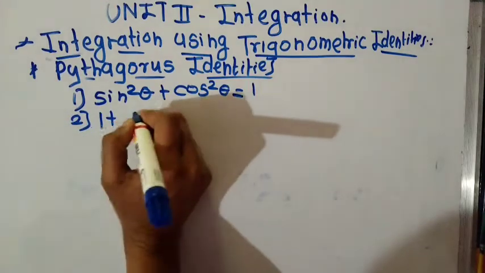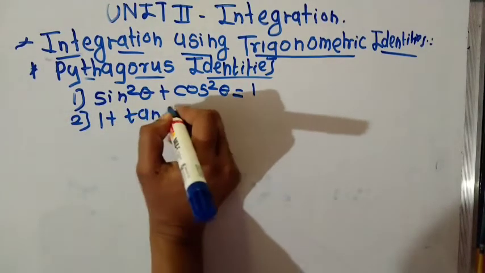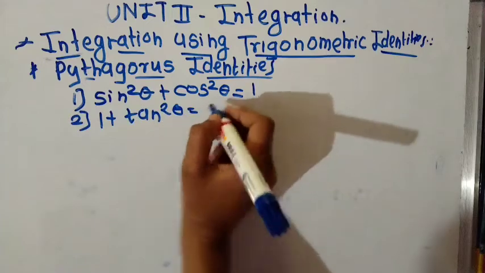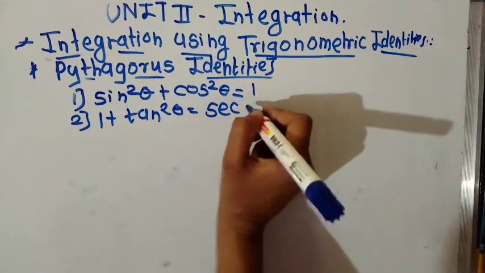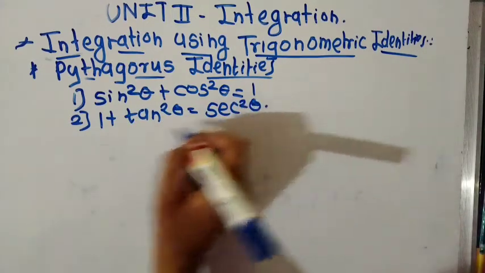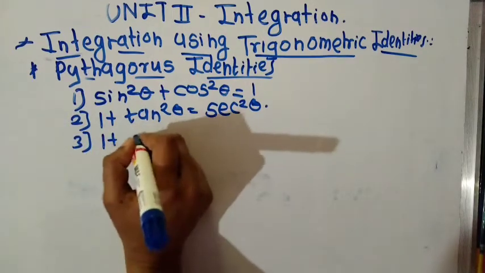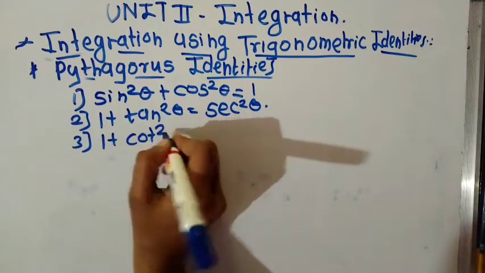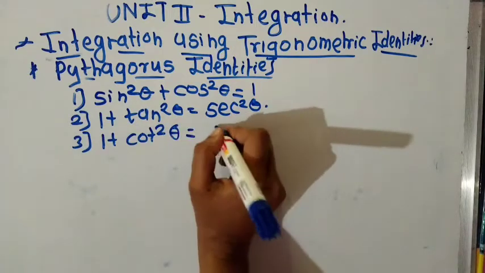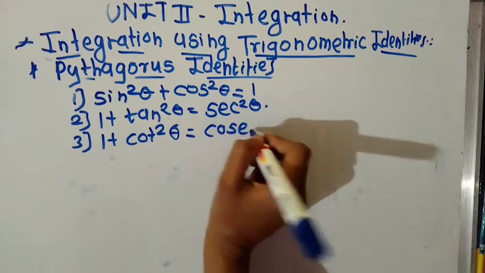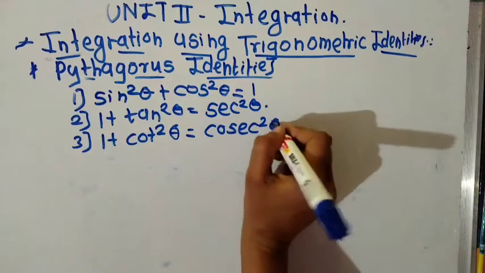Second is 1 plus tan square theta is equal to sec square theta. And third, 1 plus cot square theta is equal to cosec square theta.